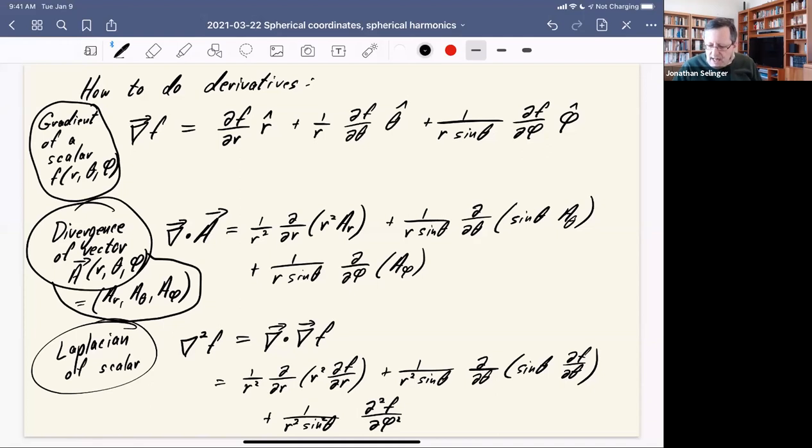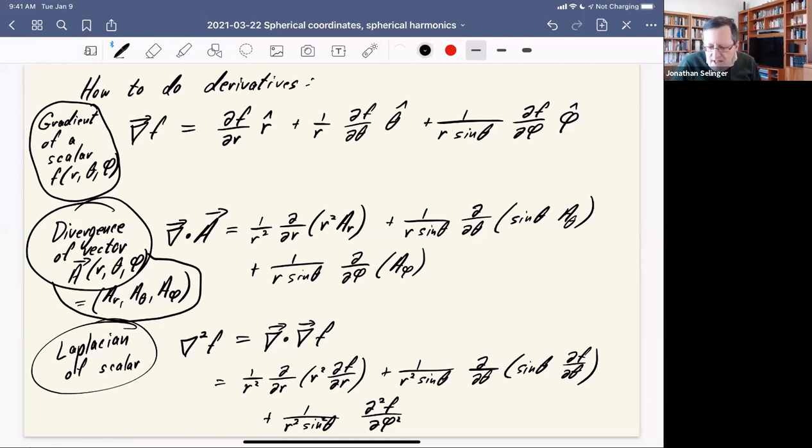Okay, and so these are the rules for taking any of these vector derivative operators in spherical coordinates.